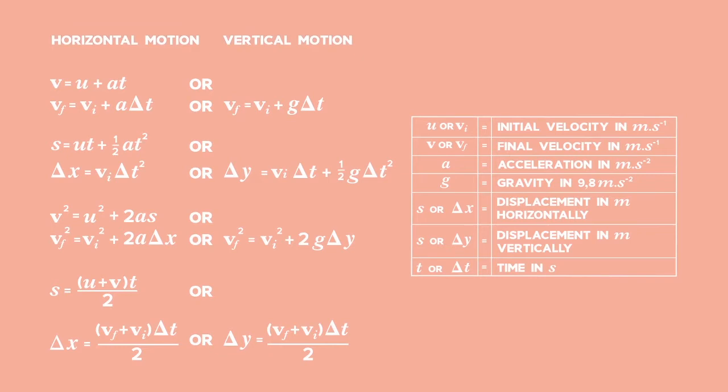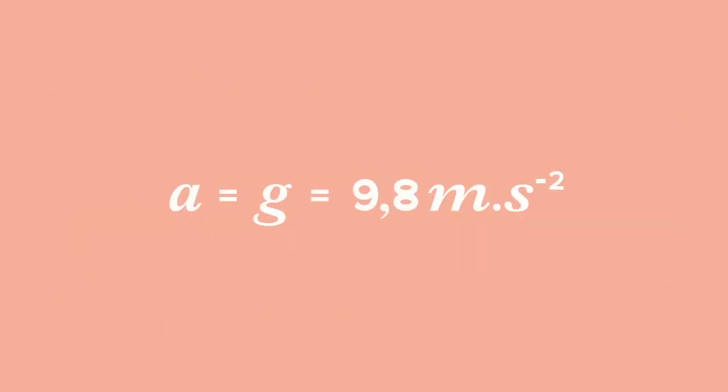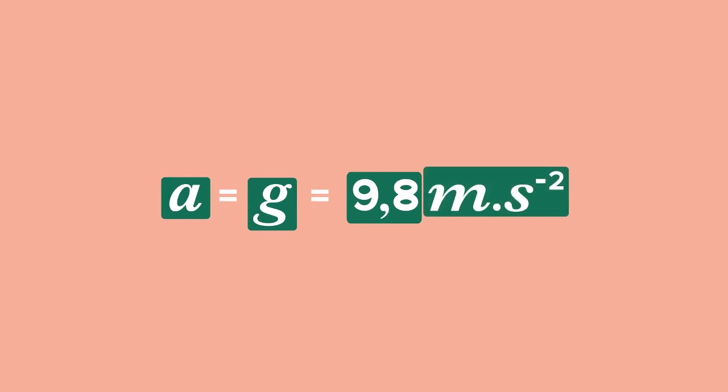For vertical motion, the acceleration for free fall is used, where the acceleration of gravity is equal to 9.8 meters per second squared.